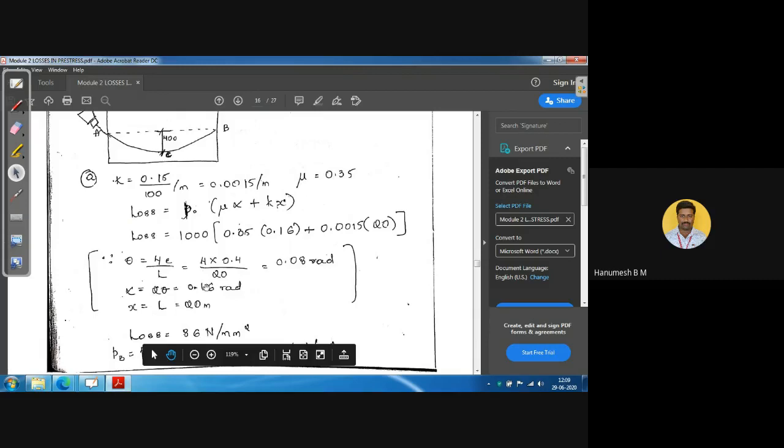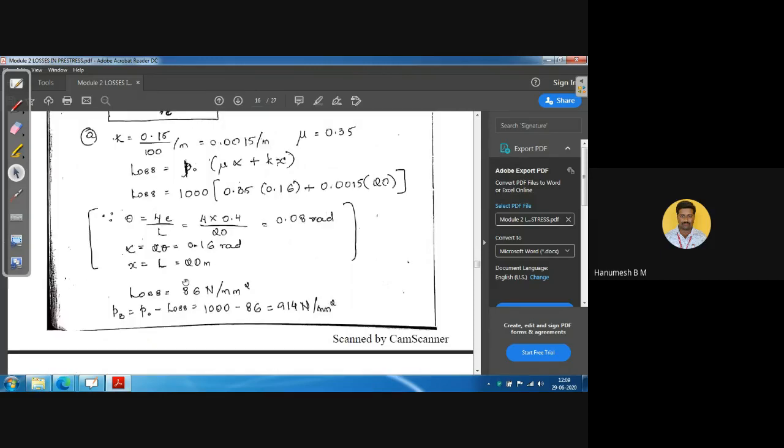I am substituting these values in this expression. Loss is equal to 1000 into mu into alpha, 0.35 into 0.16, plus K into x. x will be equal to L because the jacking is from one end in the first case. On simplification, we get the frictional loss as 86 Newton per mm square.